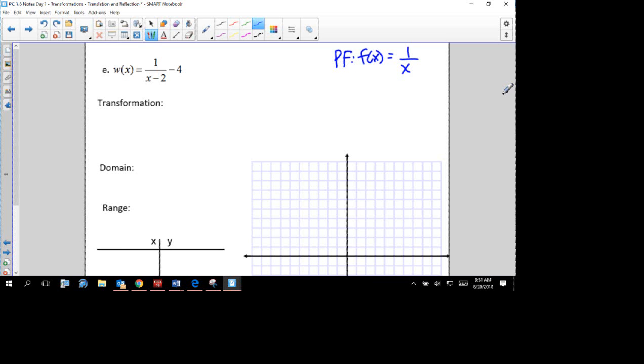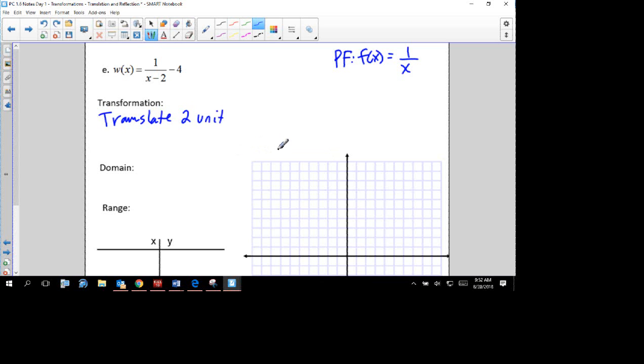So when we look at a transformation, we see a -2 and a -4. The -2, is that part of this fraction? Part of the fraction. So the -2 is a horizontal. The -4 is not part of the fraction. So that's vertical. So we'll have to translate 2 units.